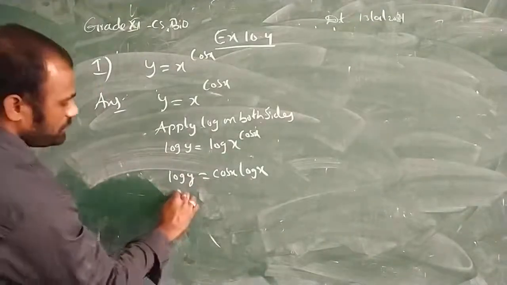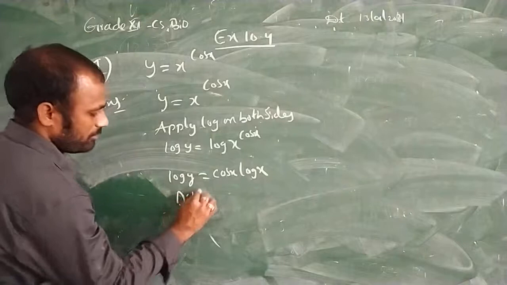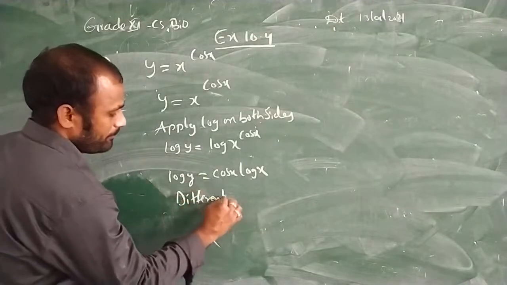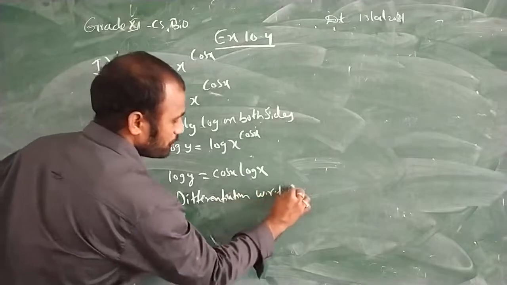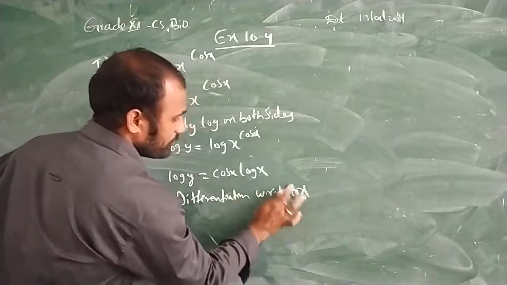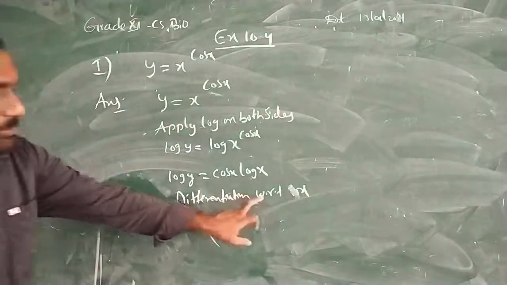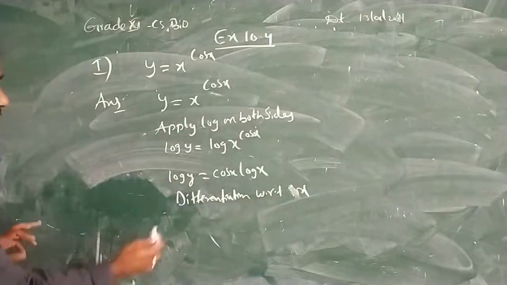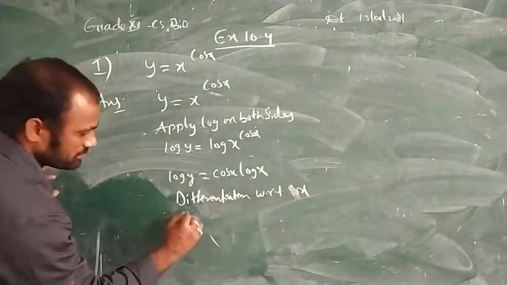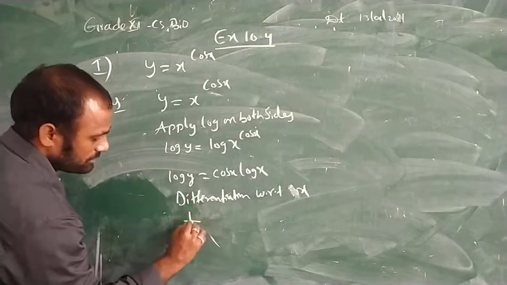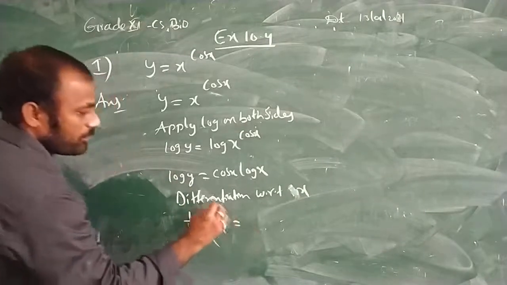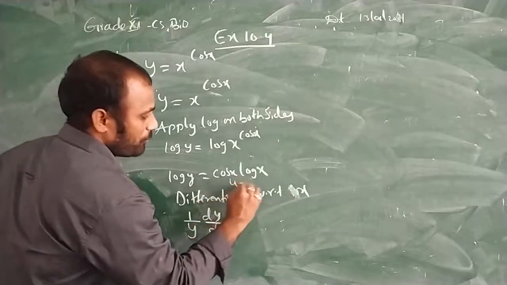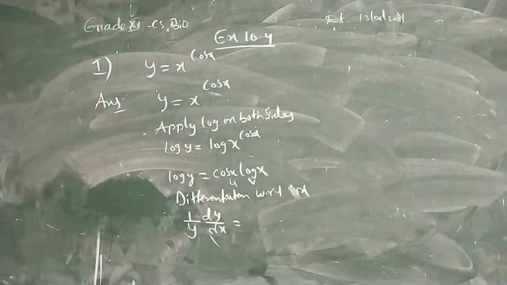Now differentiation with respect to x. So if I do differentiation with respect to x, here log y differentiation is 1 by y dy by dx, is equal to, it is in the form of product rule uv.